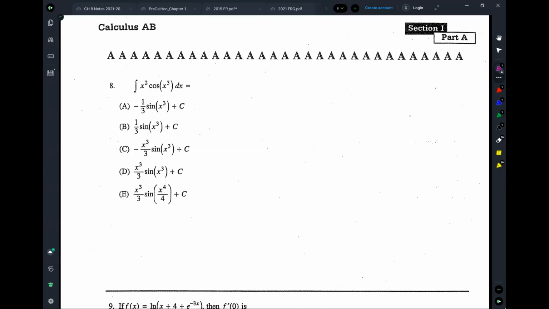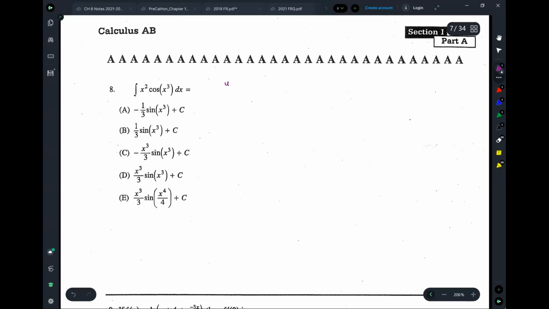Okay. Oh, look, an integral. What do you suggest we do here? Yeah, good call. How? U substitution. What is u, you ask? X cubed. Because then du is 3x squared dx. Oh my God, how perfect.